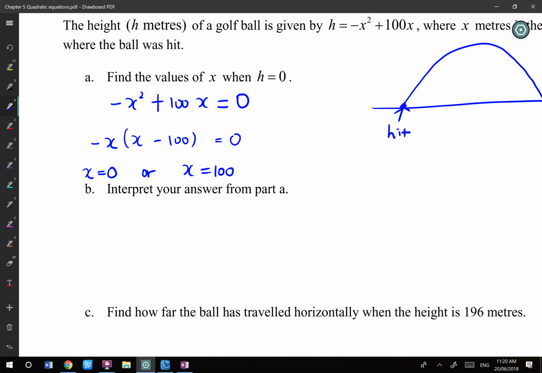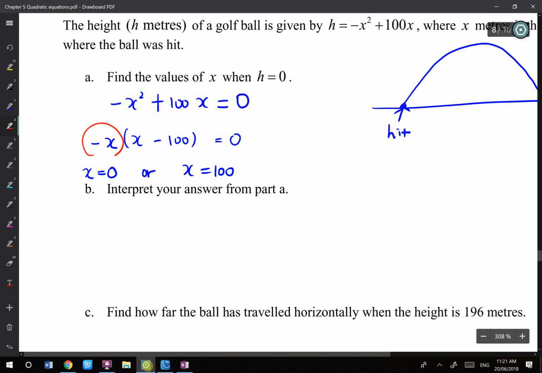If we divide by x on both sides, we lose one answer. We only have the answer 100. We won't have the answer 0 because the x disappeared. So it's either x is 0 or x minus 100 is 0. So we have x equals 0 and x equals 100.